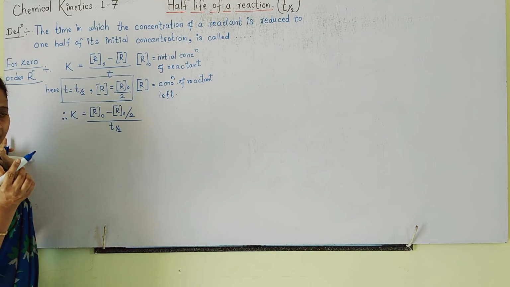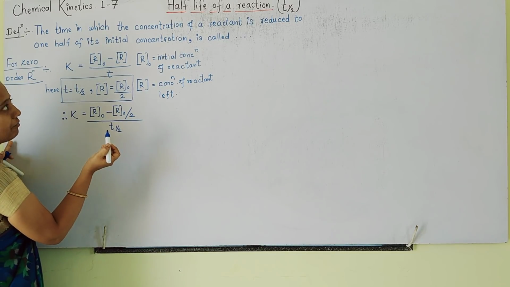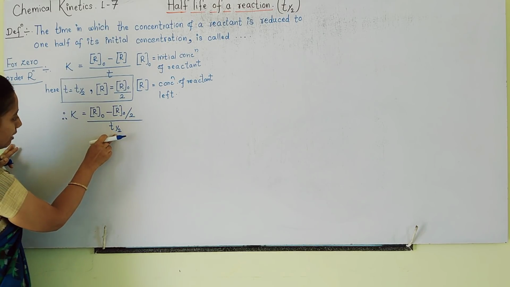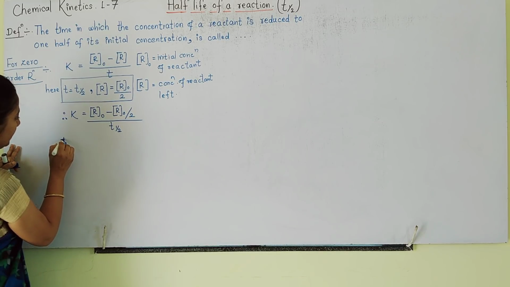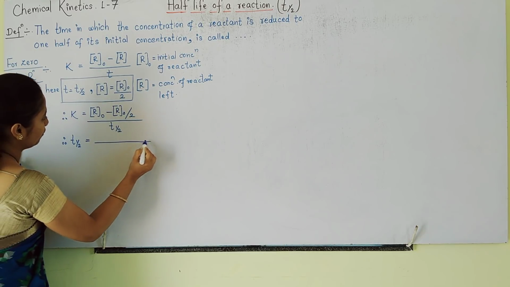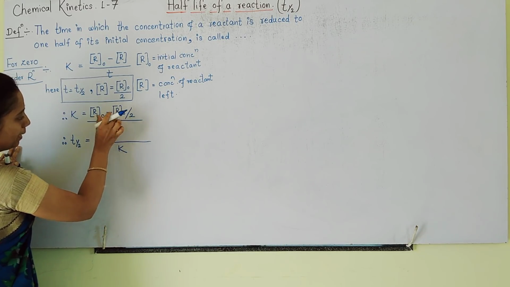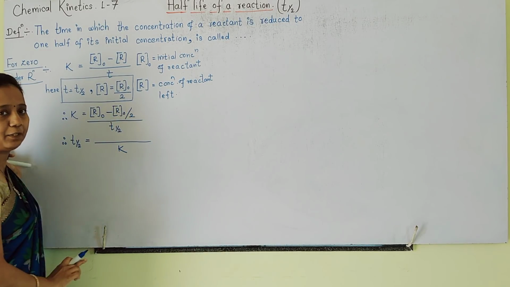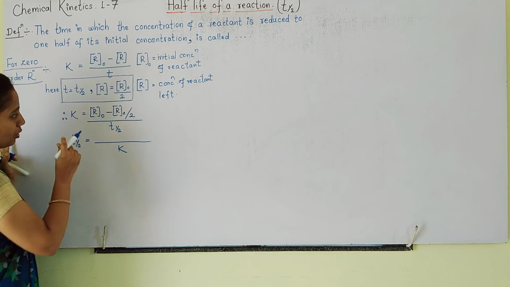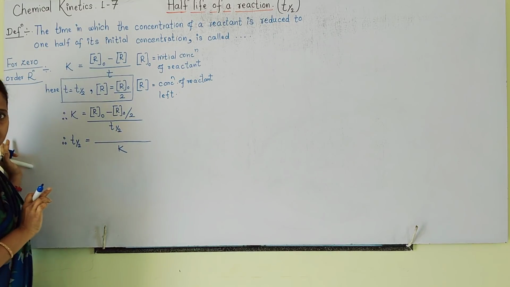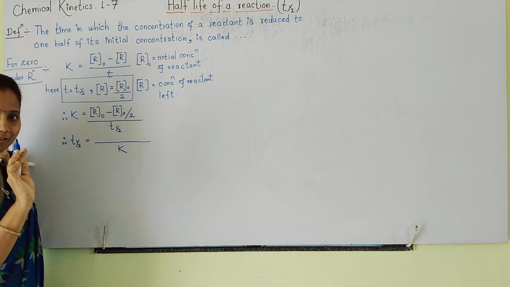Okay? Yes. I want to derive equation for half-life. Means I want to derive for T half. So I will take T half this side. K will go to the denominator. So T half is equal to, I am writing K in the denominator. Upside what is left? R naught minus R naught by 2. 1 R naught minus half R naught. 1 minus half, half.